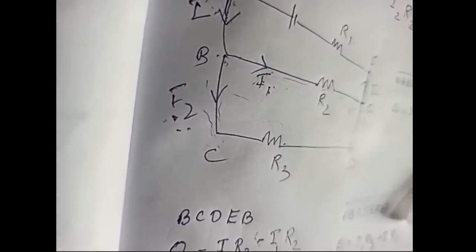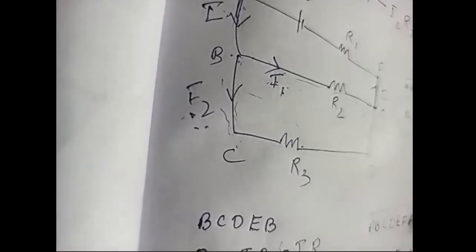We will be placing four resistors, and across one diagonal of this diamond shape we will be connecting an EMF, and across the other diagonal we will be connecting a galvanometer also. And we will be studying the specialties and peculiarities of Wheatstone's bridge and its application.